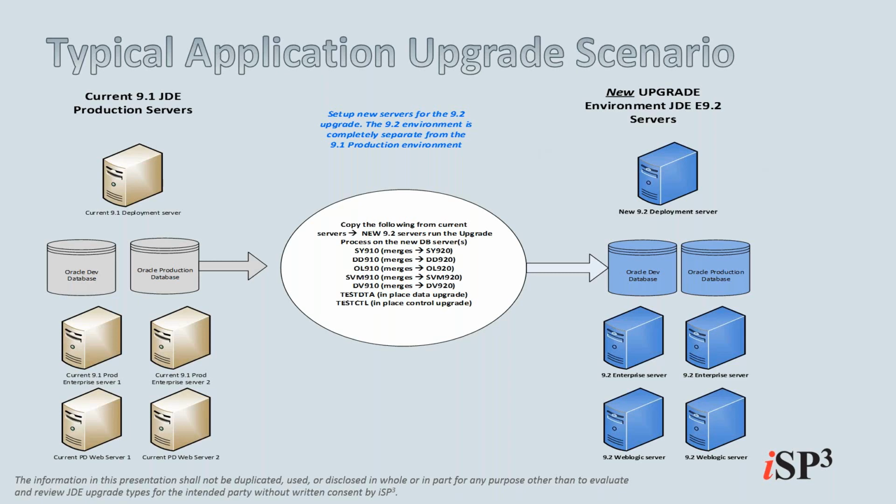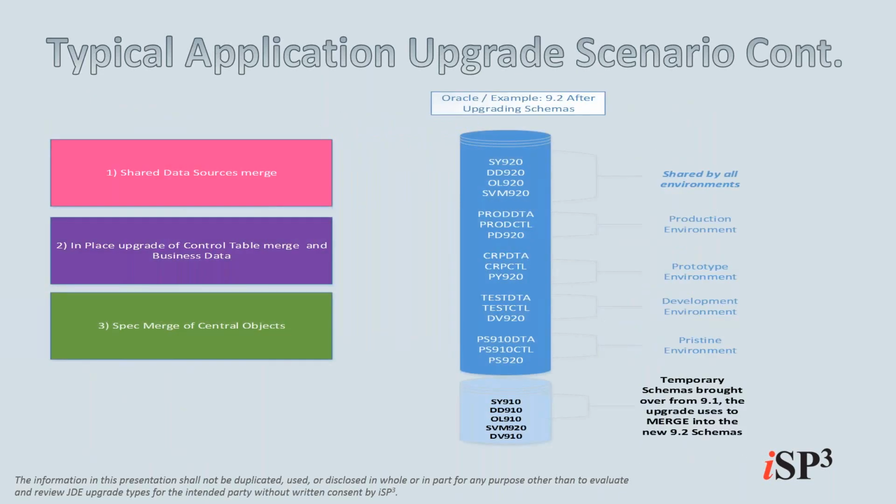Now going into the database side and what happens on the database during that upgrade scenario, this slide shows it very simplistically. When you choose which environment you're going to be upgrading, it always starts with DV. When you're bringing that DV environment over to the 9.2 side, you want that DV environment to reflect your current production.